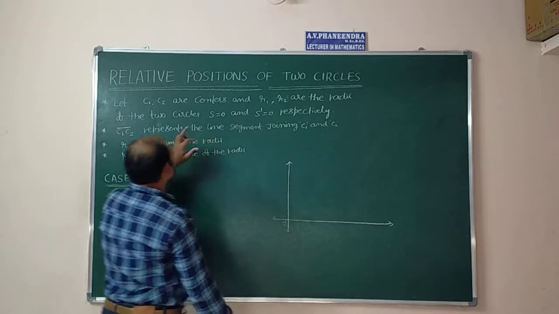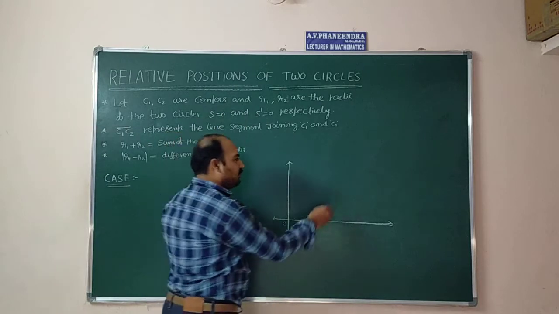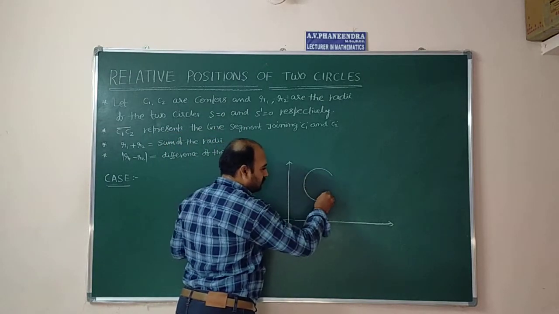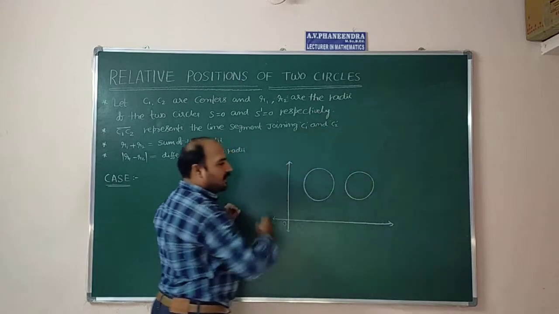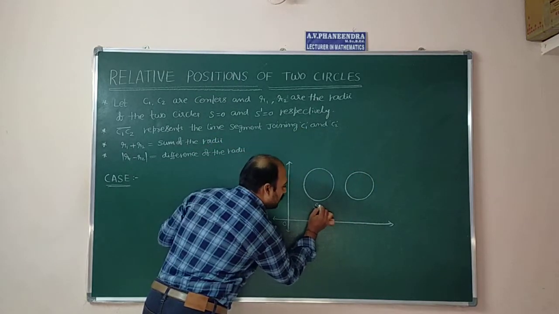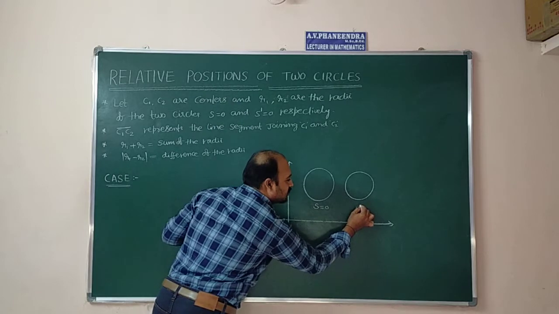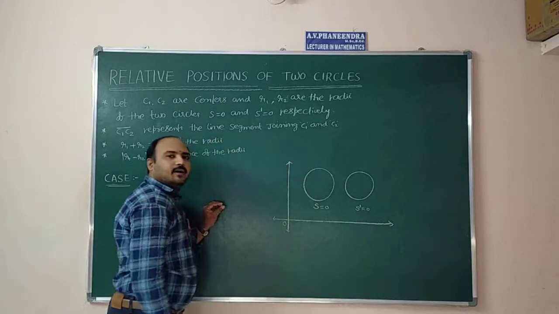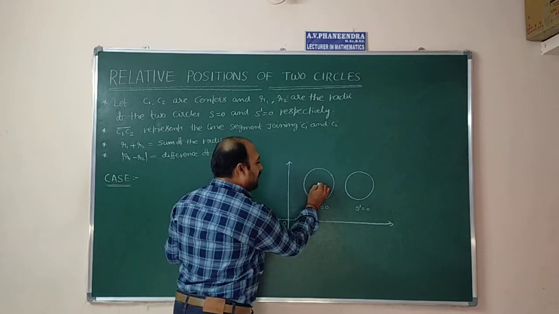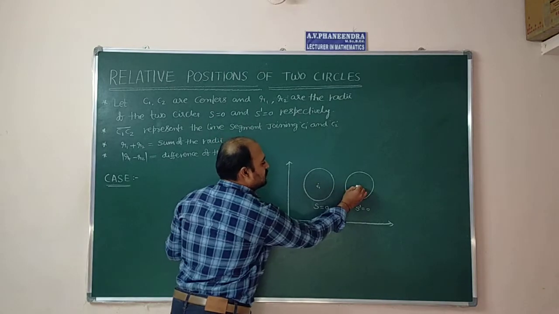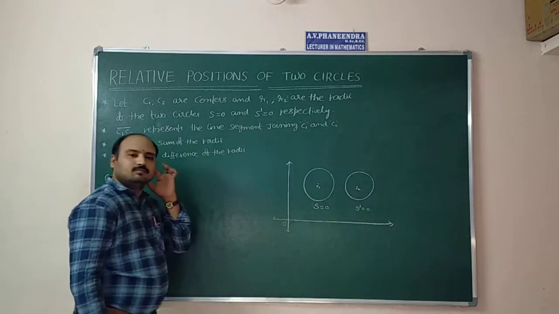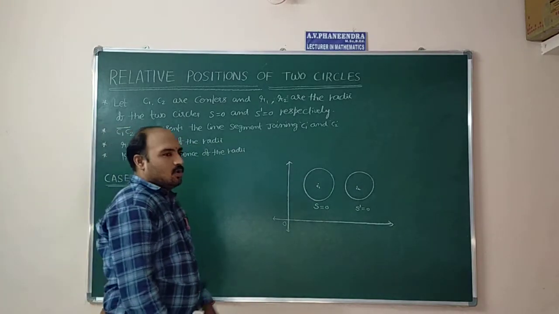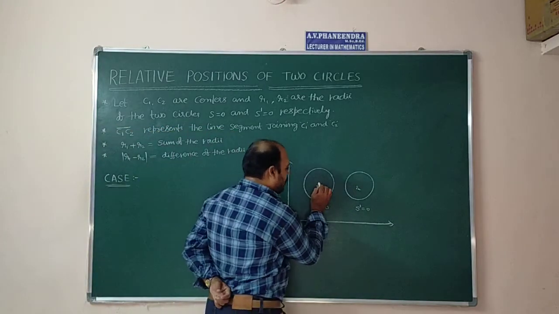The two circles S equal to 0 and S dash equal to 0 have centers C1 and C2 respectively.